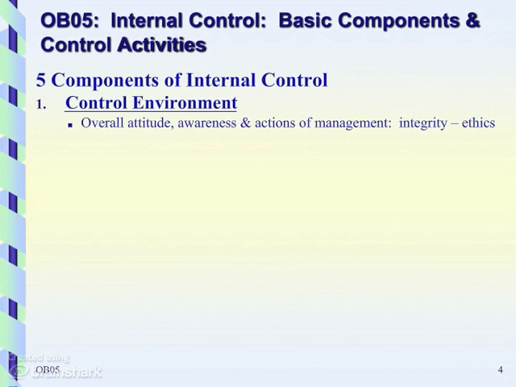That's when the management of the organization needs to control the overall attitude, awareness, and actions of management and employees to ensure the integrity and ethics, and that there is a philosophy, operating style, organizational structure, authority levels, and personal policies and procedures in place within the organization to ensure an effective internal control environment.